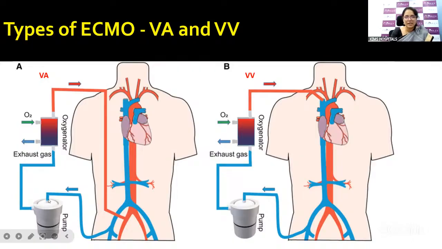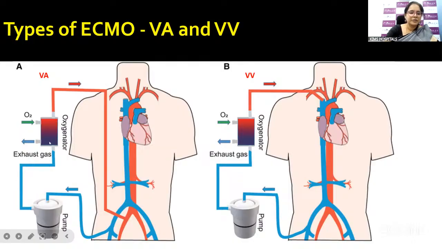This obviously needs certain pressure because, as you know, venous blood is at zero or at negative pressure. So the venous end of the circuit flows through the pump, where the blood is pumped against the rest of the circuit, then oxygenated and back to the body.